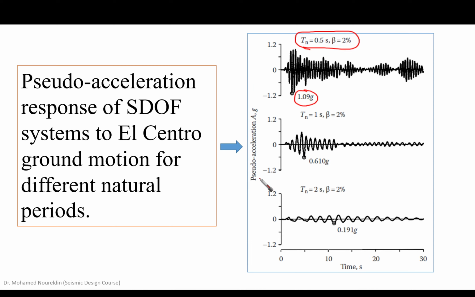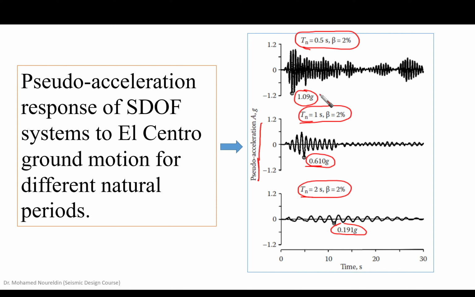Take care that the vertical axis here is the acceleration or the pseudo acceleration. When Tn equals 1 second with damping ratio 2%, we found 0.61 g is the maximum value. And here it is 0.191 g, where Tn equals 2 seconds.